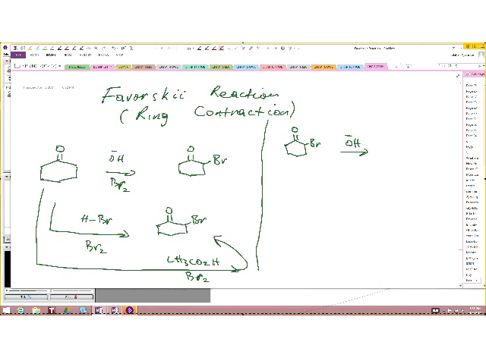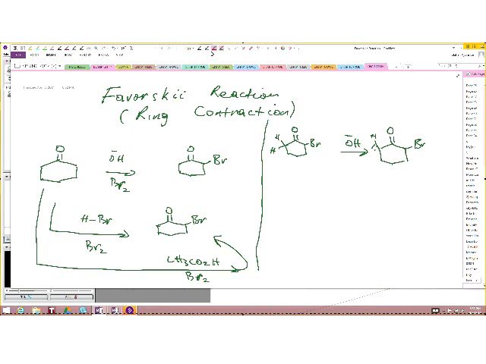the hydroxide will form an enolate anion on this carbon here. In other words, one of those hydrogens will be removed. So you now have one hydrogen here. Once you form this enolate anion, guess what will happen?